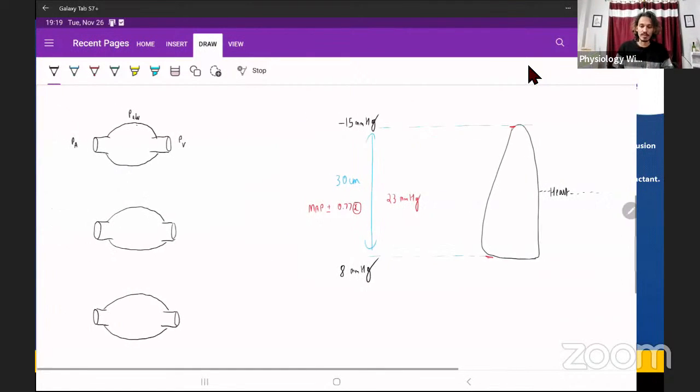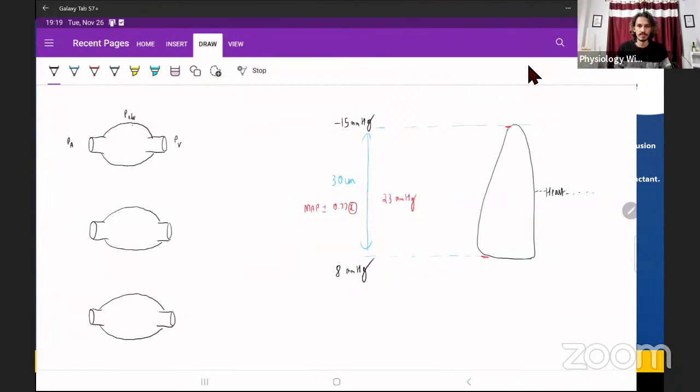Now we're coming back to this. So what you're understanding is as you keep going up, the pressure is dropping. If you keep going down, the pressure is increasing. That is what you're supposed to understand from this.